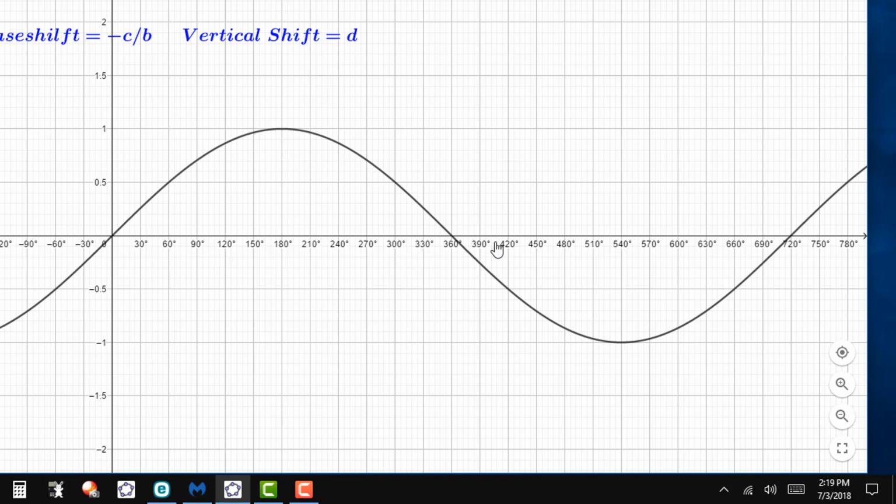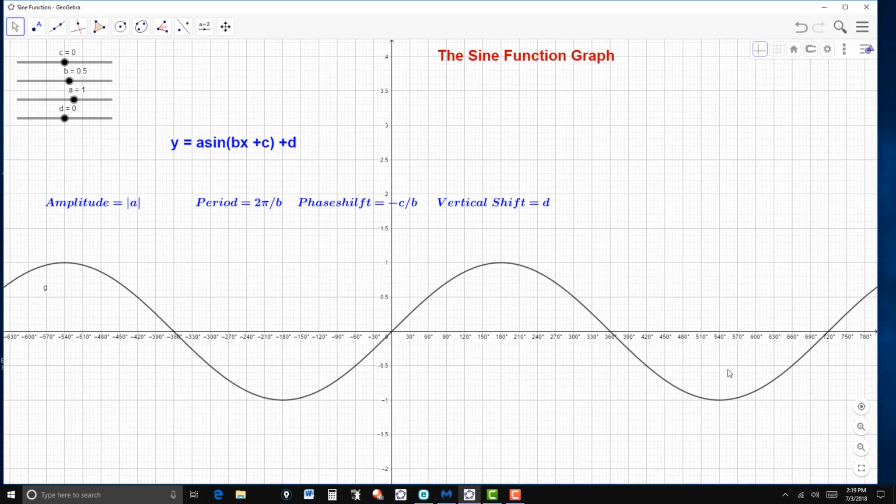So this goes all the way up to 720. The period got multiplied by 2. So that's why, if you have a graph that's not your basic graph and you want to find the period, you take 2 pi, or 360 if you're dealing with degrees, and divide it by whatever b is. If b is 0.5, that's 1/2, so the period is 360 divided by 1/2, which is 720.